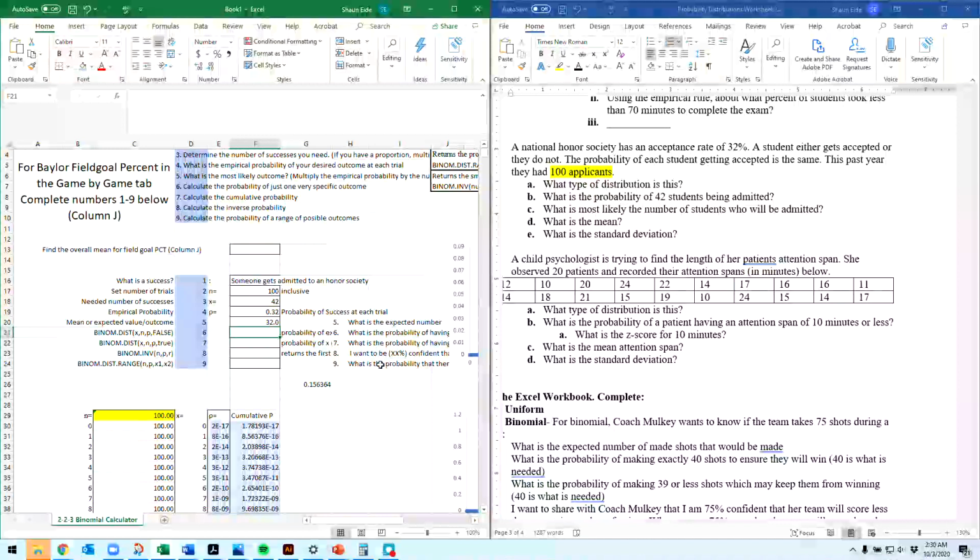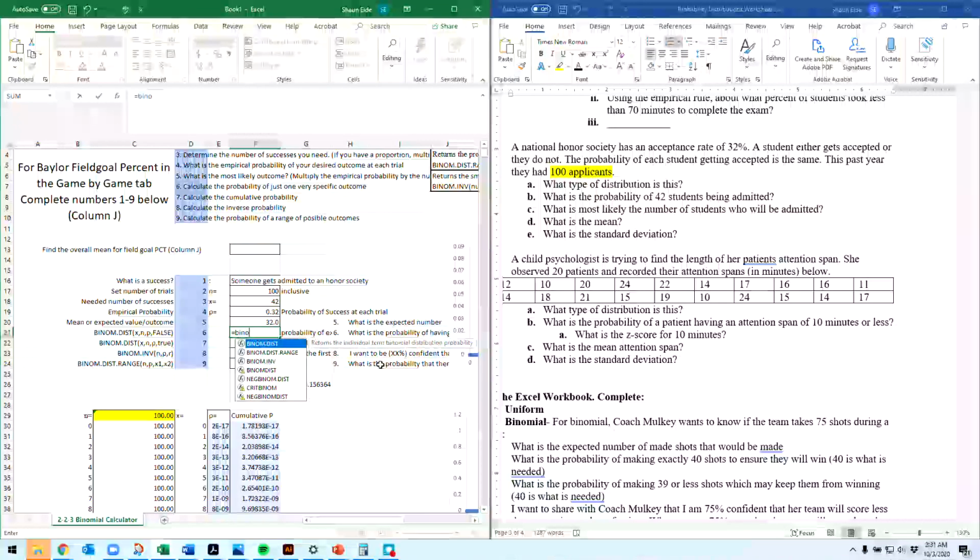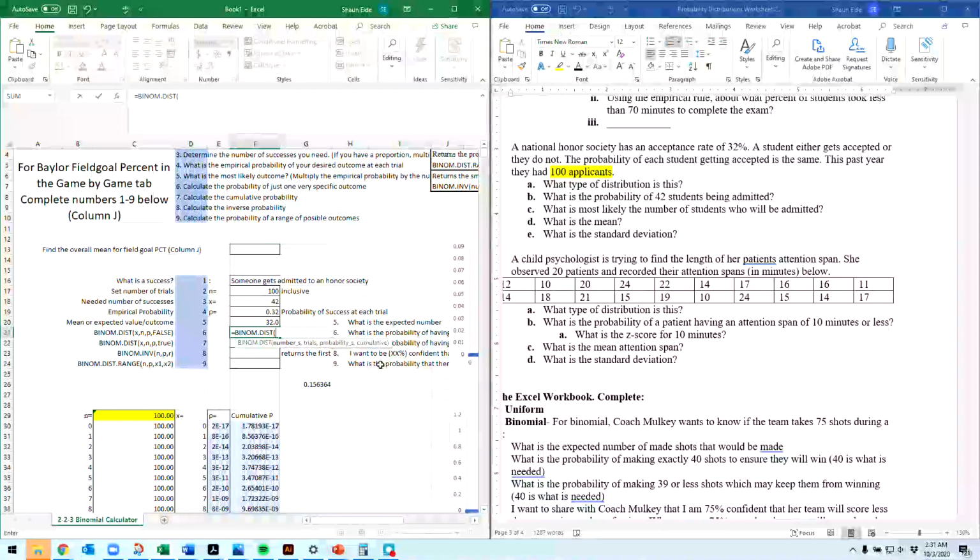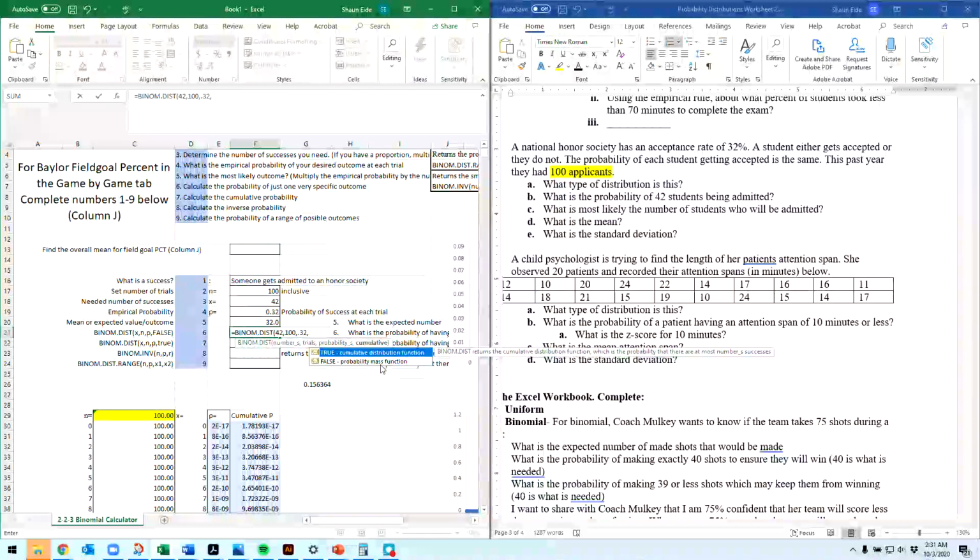So looking at this now, the binomial probability distribution, what is the probability of 42 students being accepted? In order to do this, we do equals binomial distribution, the number of successes, which is 42, the number of trials, which is 100, and the probability of success at each trial, which is going to be 0.32, and then cumulative, and we're going to say false.